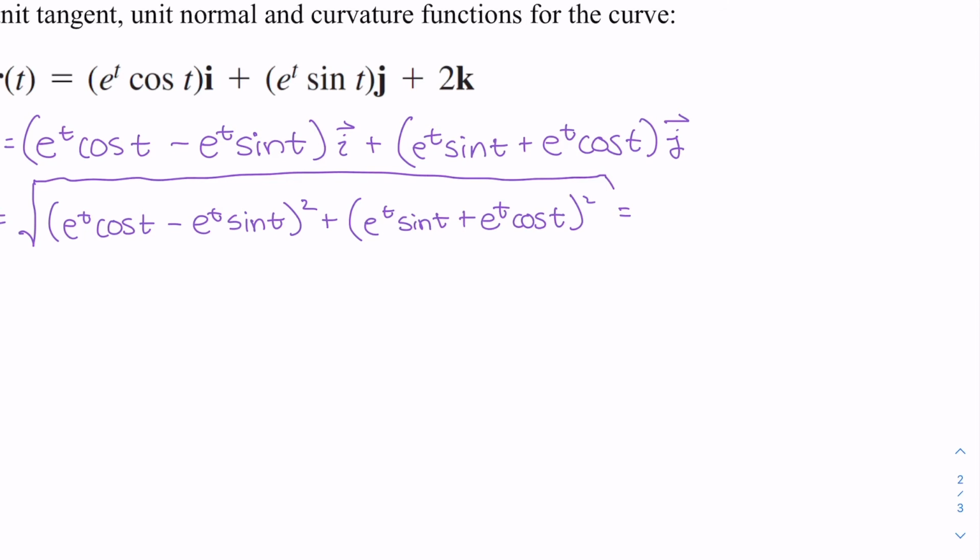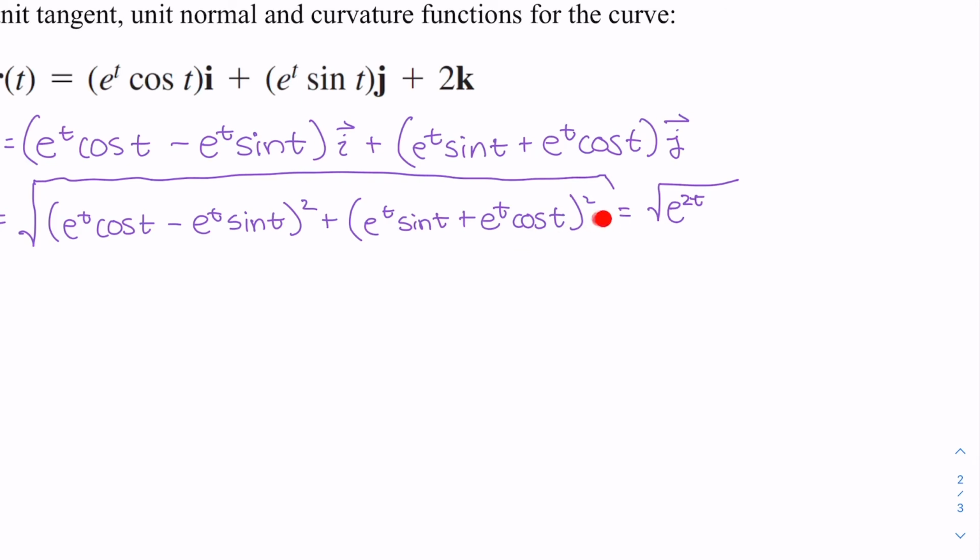So we'll get the square root of e to the t squared, so e to the 2t, times, this will become 1, cosine squared plus sine squared. And then this term here will do the exact same thing. So I'll pull out the e to the t squared out front, leaving me with sine squared plus cosine squared.